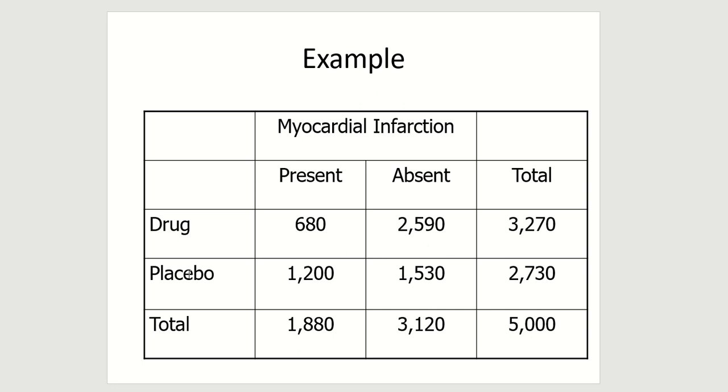In this example you can calculate the risk of myocardial infarction in those taking the drug, and the risk in those taking the placebo. So we're going to calculate two risks, one for the exposed and one for the not exposed, one for the treated and one for the not treated, and we're going to compare these two risks and see how much of a difference there is between them.